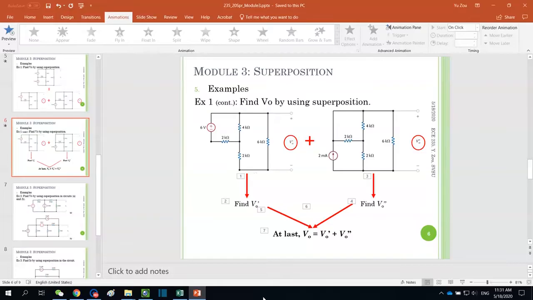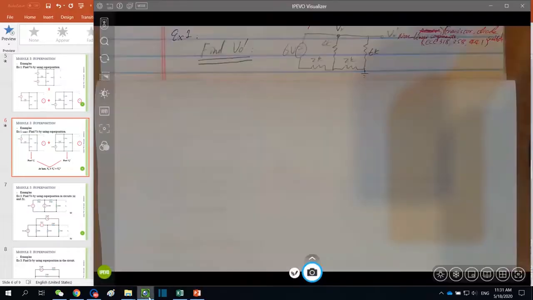With an understanding of this procedure, let's look for V naught prime and V naught double prime from these two circuits respectively. First, the circuit with the 6 volts voltage source only, I redraw it like this. Hopefully you can see it is equivalent.